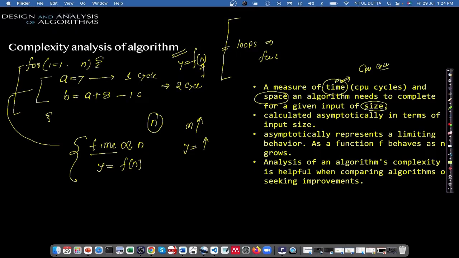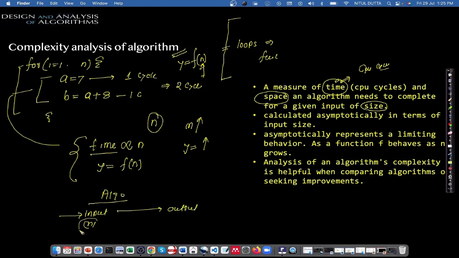Similarly, we also can analyze that algorithm in terms of the space required. It is very obvious that when we write an algorithm, we keep in mind that we will have some input, that input will have some size, and it will produce some output.